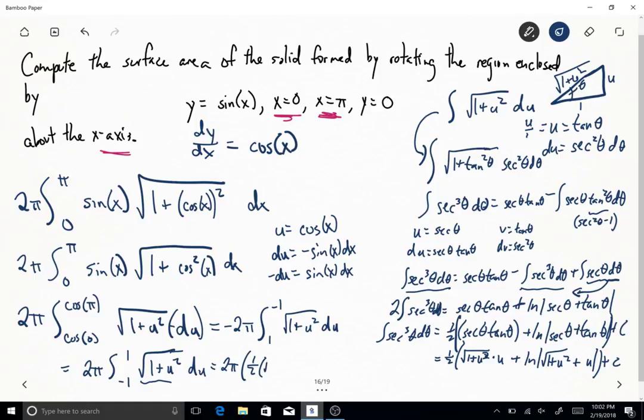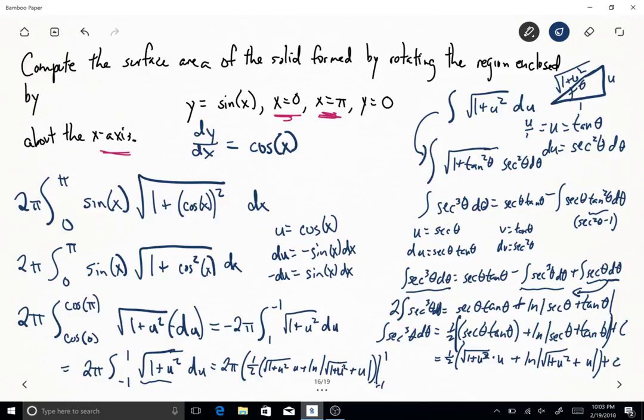So we have the square root of 1 plus u squared times u plus the natural log of the square root of 1 plus u squared plus u. And all this is evaluated at -1 and 1.